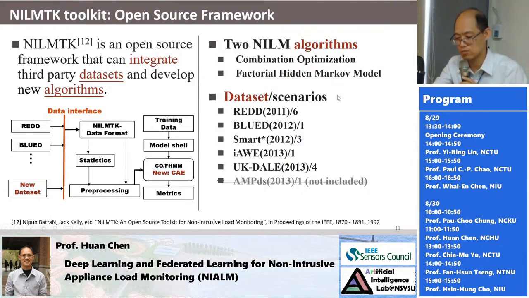Like us, we developed our own deep learning model called convolutional autoencoder, and its variations. It also contains 5 open data sets. So inside this framework, sure, you can incorporate your own data set. So it's a very flexible framework.